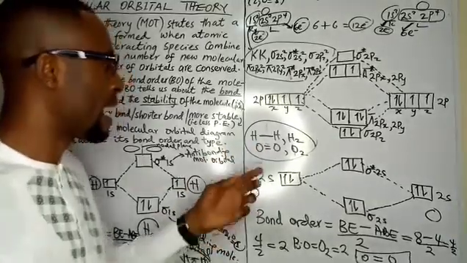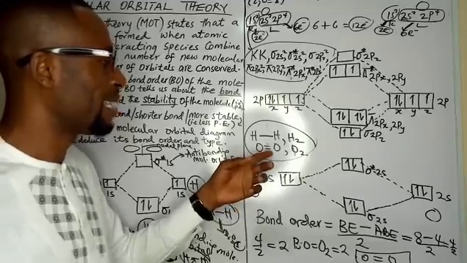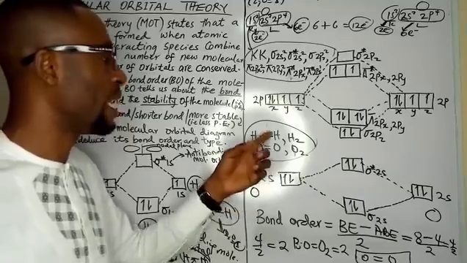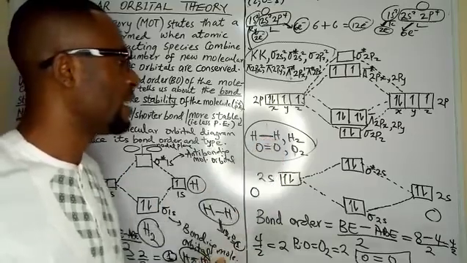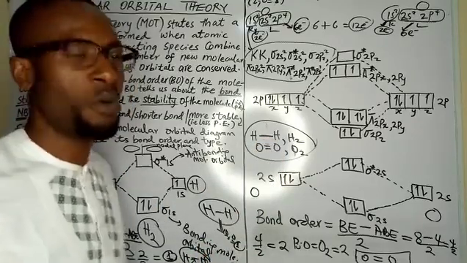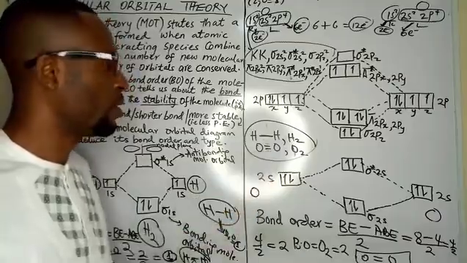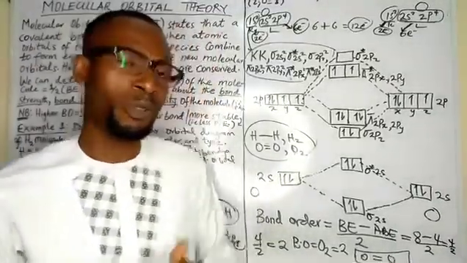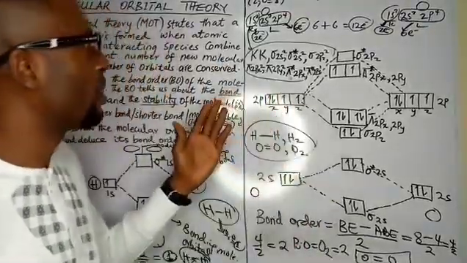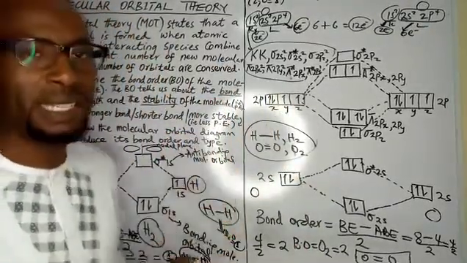What that means is that oxygen gas is more stable than hydrogen gas. Say it the other way, it means that hydrogen gas is more reactive or more unstable than what? Oxygen gas. This is the information we want you to understand about molecular orbital theory at this level.